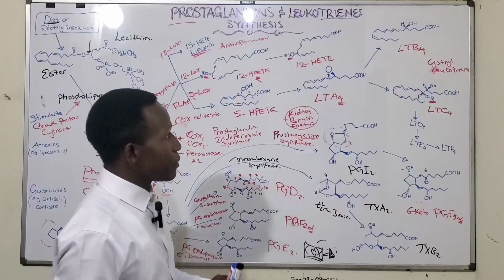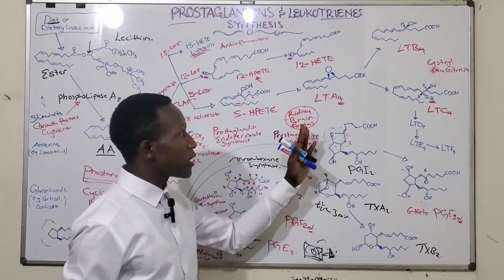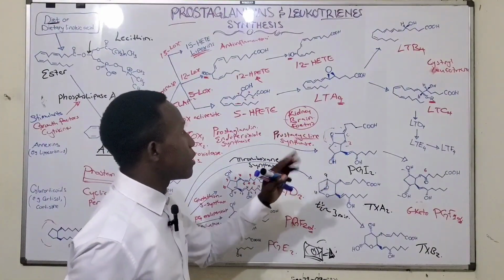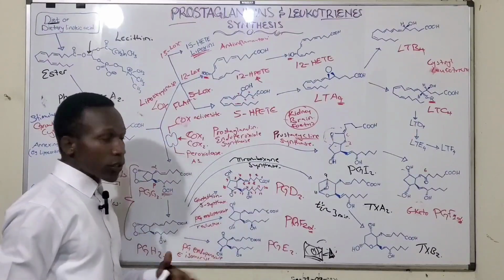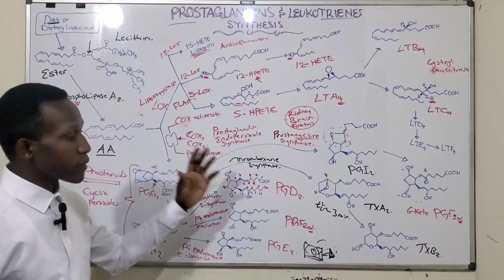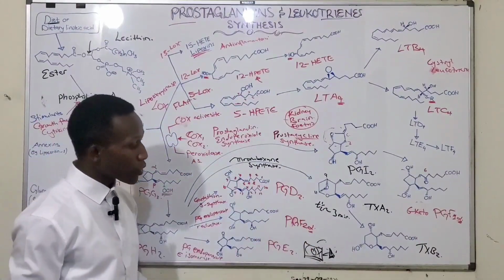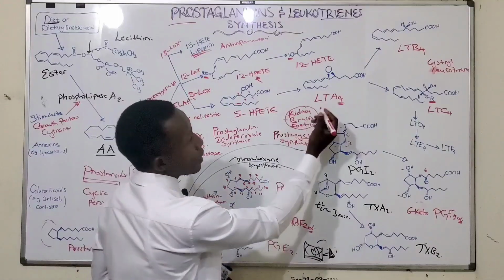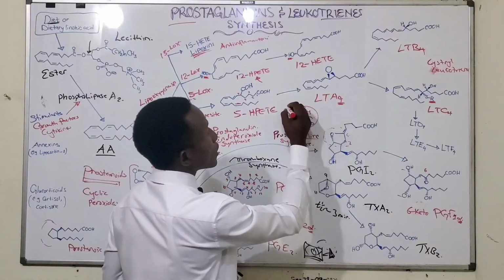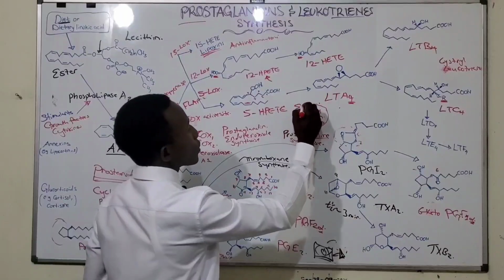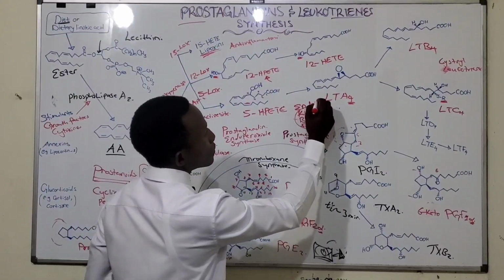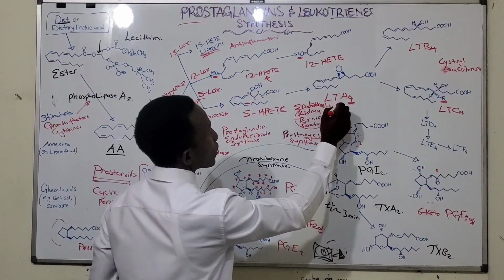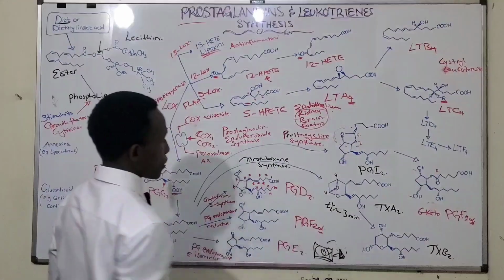It is always present as a constitutive enzyme. It plays a role there, but its induction can lead to inflammation. Also, it is present in the endothelium of the blood vessels.